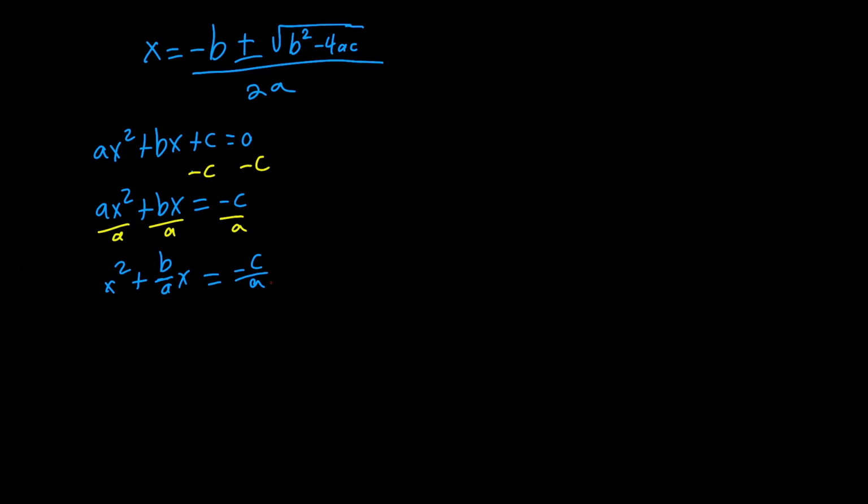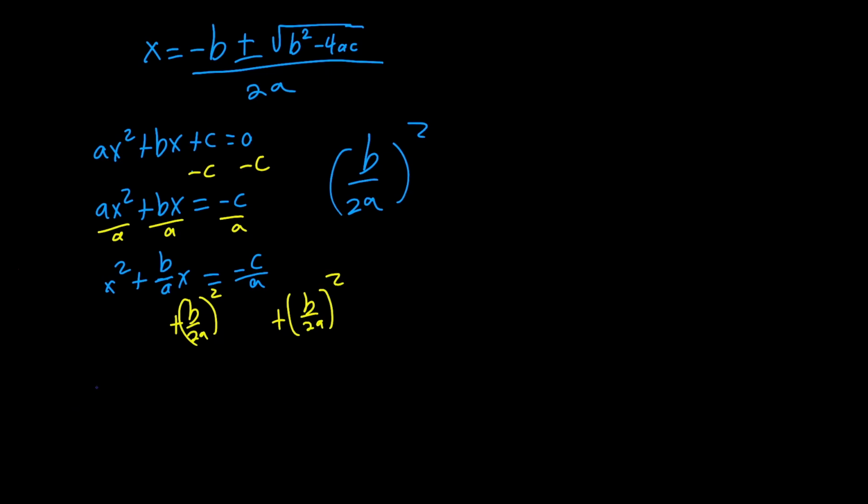So let's do that. 1/2 of b over a is going to be b over 2a, and then we square it. So we will add to this side b over 2a squared, and on this side we will also add b over 2a squared.